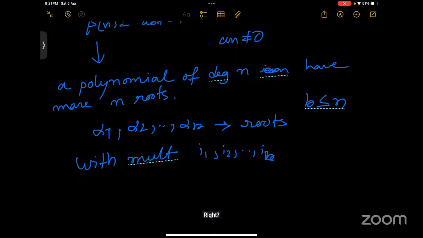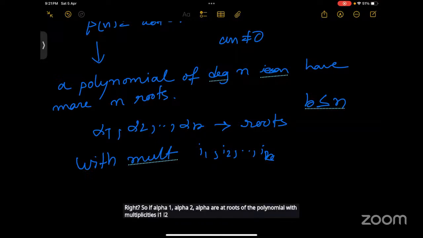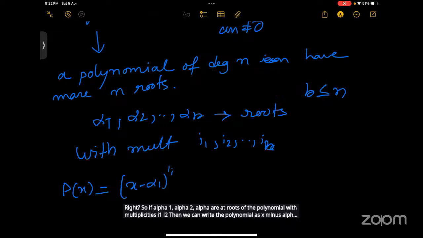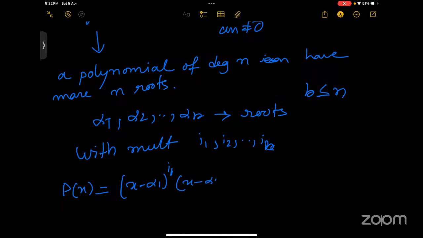So if alpha 1, alpha 2, up to alpha r are roots of the polynomial with multiplicities I1, I2, up to Ir, then we can write the polynomial as (x minus alpha 1) to the power I1, into (x minus alpha 2) to the power I2, up to (x minus alpha r) to the power Ir, in this way.